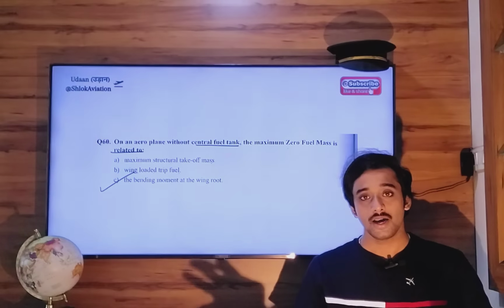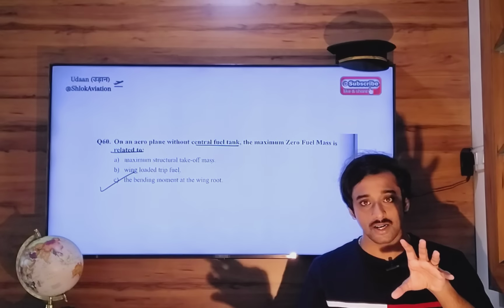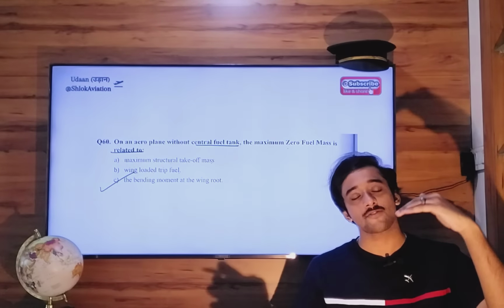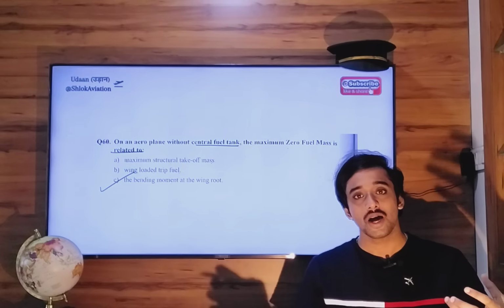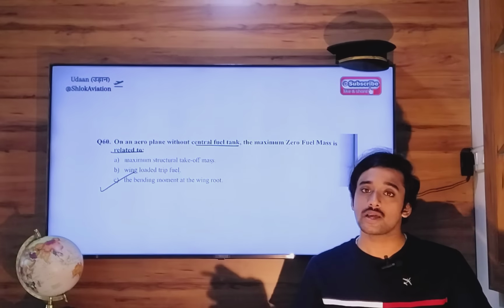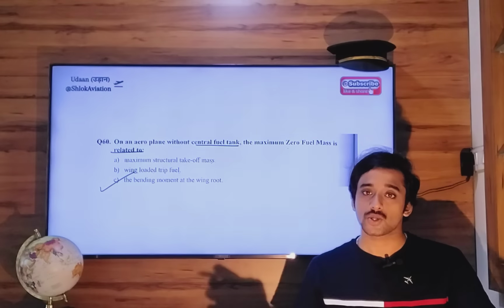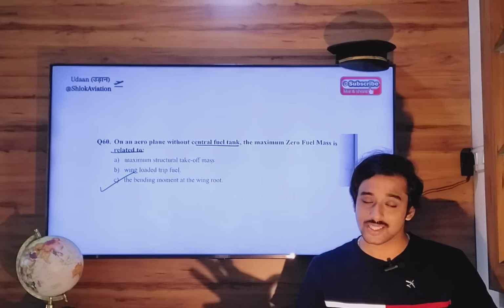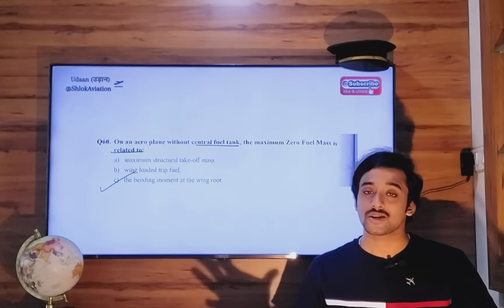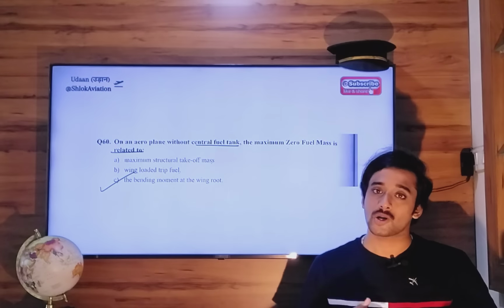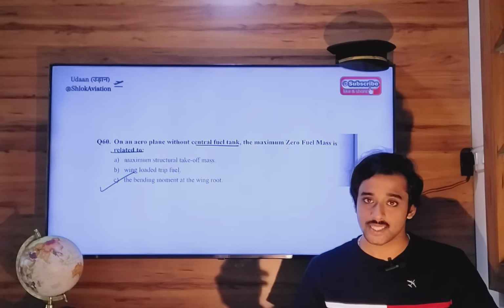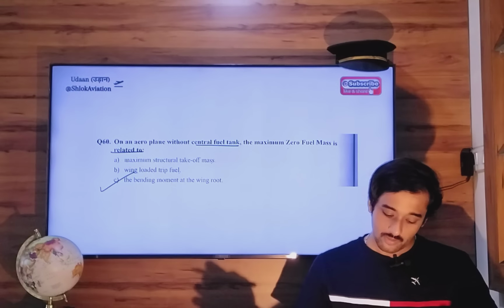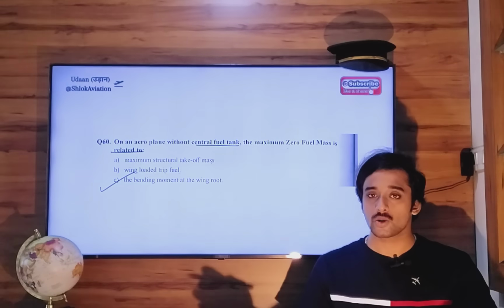Just remember, the wings of your aircraft have the job to lift your aircraft in the atmosphere as well as to hold the fuel in the fuel tanks, right? So there will be unbearable stresses imposed on the wing roots, and that can create structural damage if you cross the maximum zero fuel mass limit on any day. So remember the bending moment at the wing root.